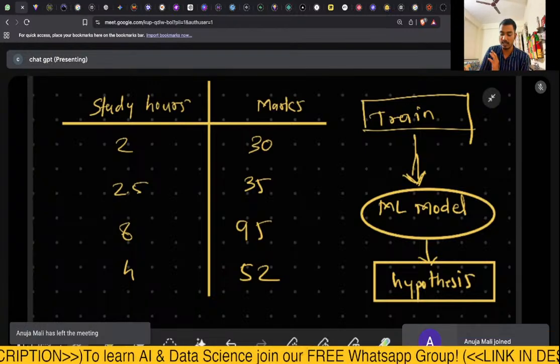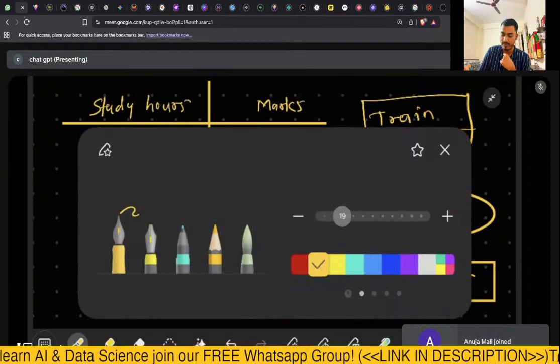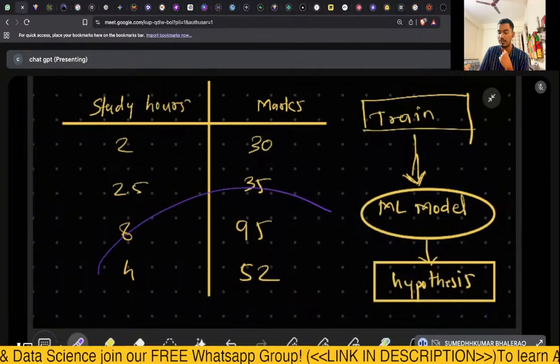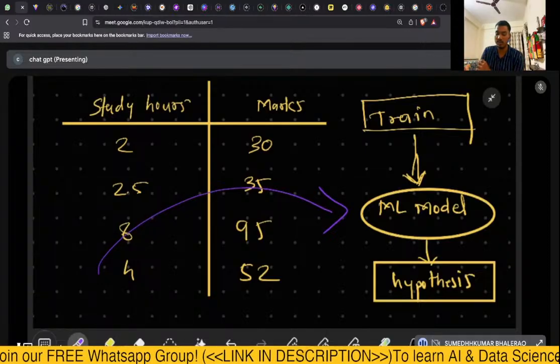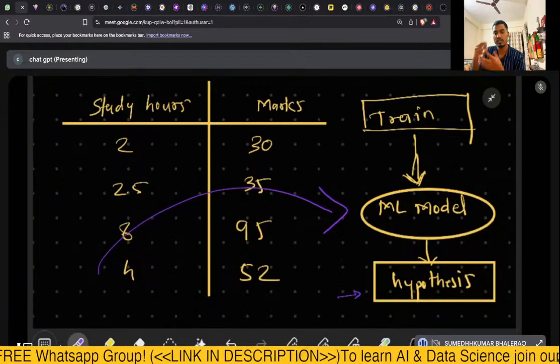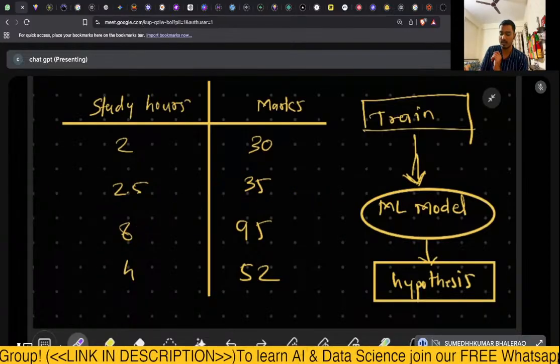This particular data we fed into our machine learning model. It has learned something from this data, and this learning is stored inside the hypothesis. Okay, try to understand all these words.